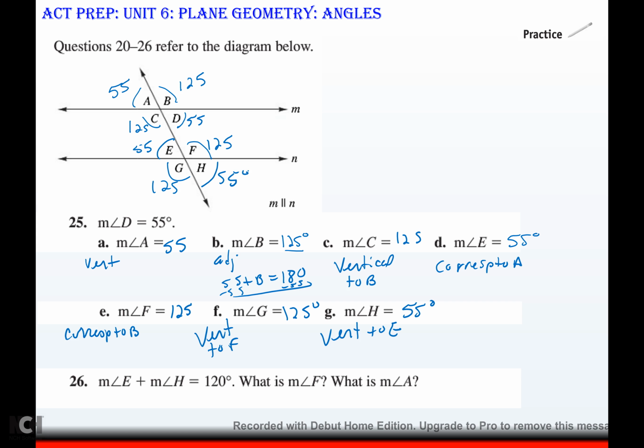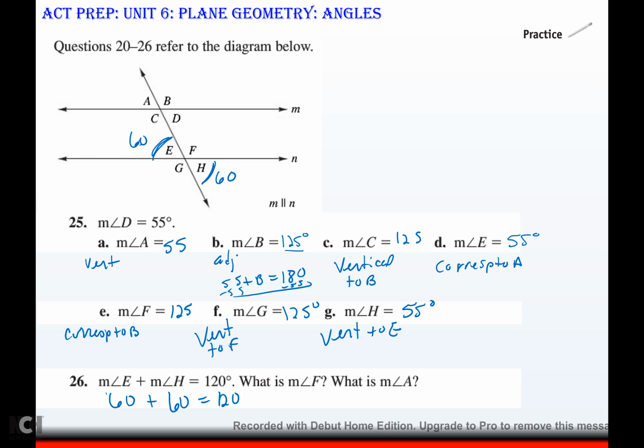Okay. Alright, for the next problem, we need a new graph. It says the measure of angle E plus the measure of angle H equals 120. Well, E and H are vertical, so they have to be equal. So if you cut 120 in half, that's going to make each angle worth 60 degrees. What is the measure of angle F?